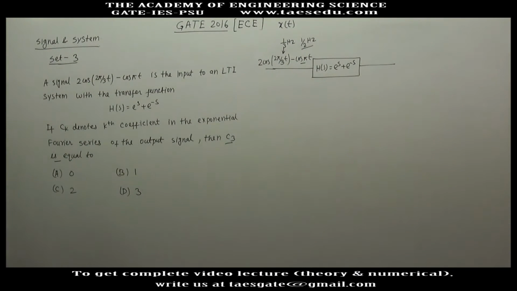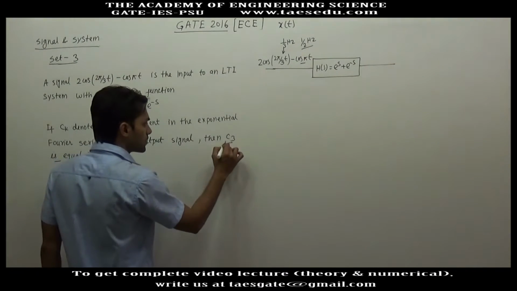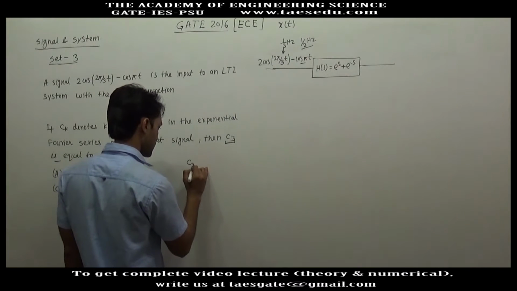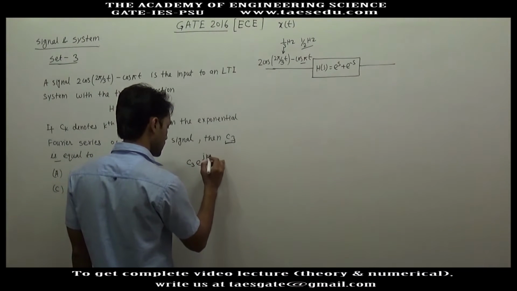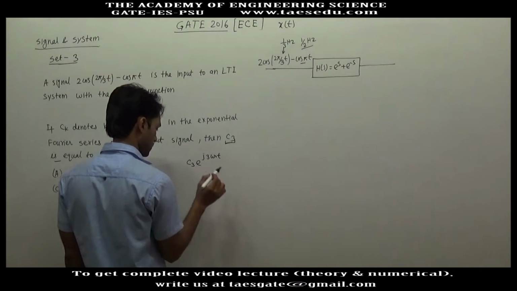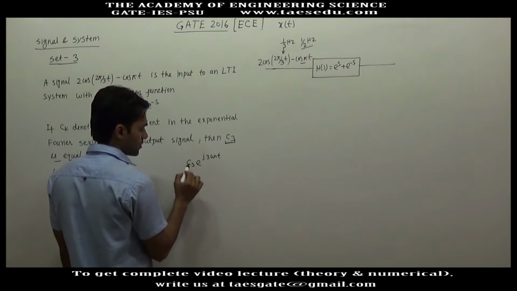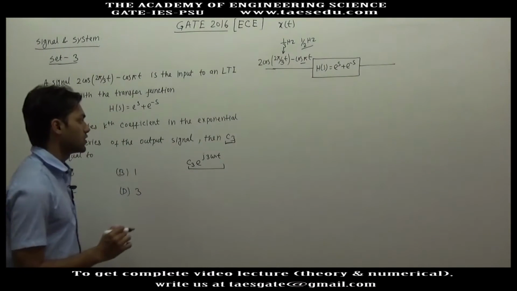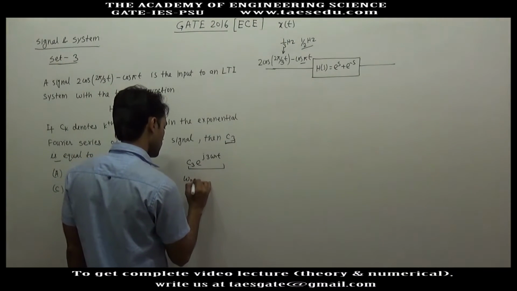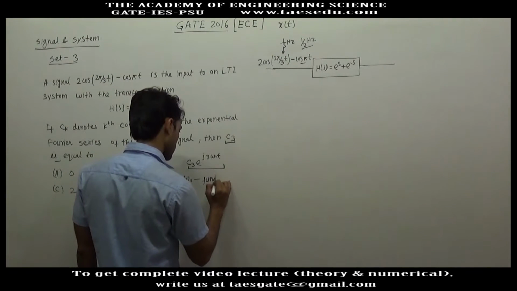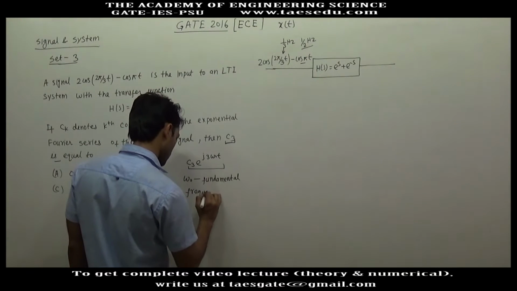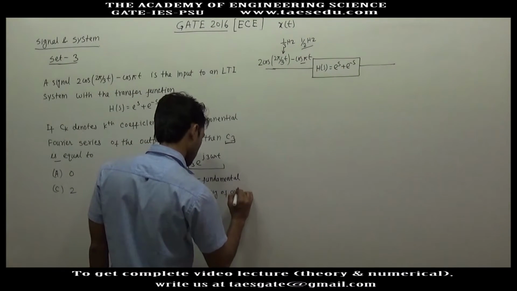If C3 is the coefficient, then the term will be C3 into e to the power j k omega naught t, where k is 3 and omega naught is the fundamental frequency of the output.